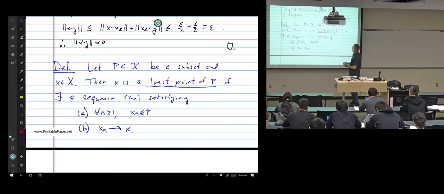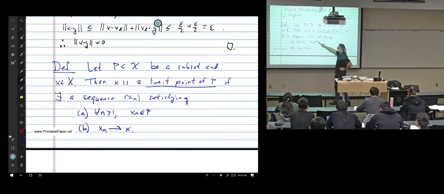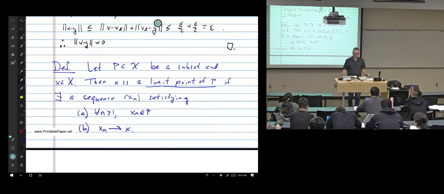So x is a limit point if I can construct a sequence of elements of P that converge to x.